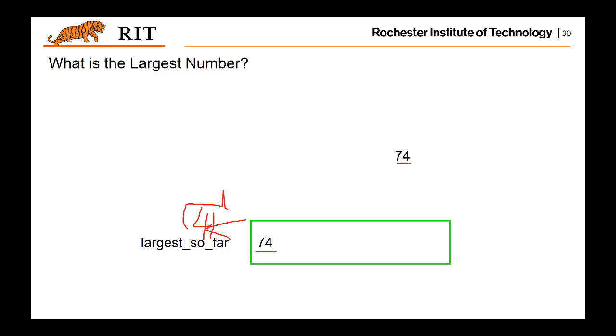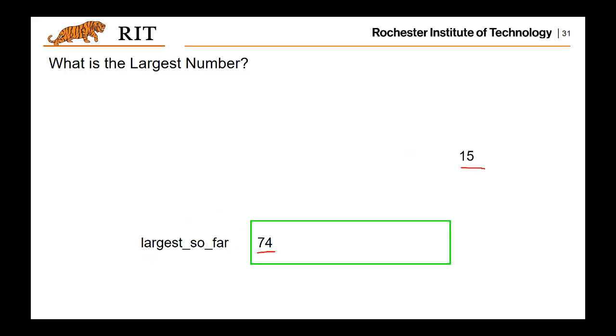Then we just drop the 41 again and assign 74 to the largest so far. And then we check the last element inside this array. This is 15. Well, it is smaller than 74. So we just keep 74.